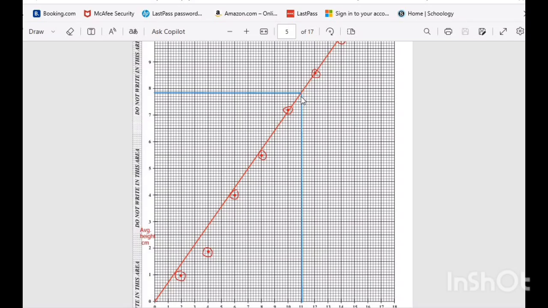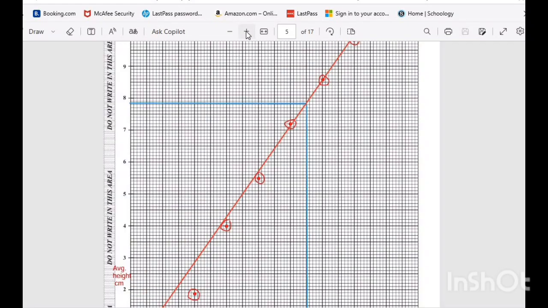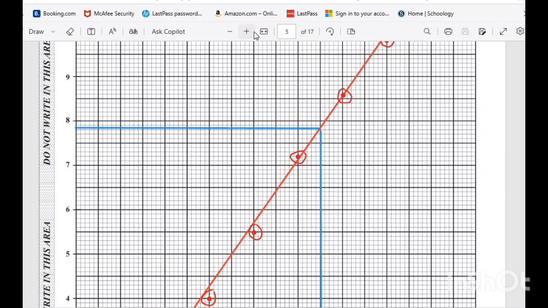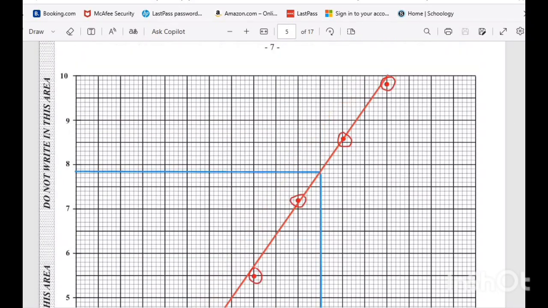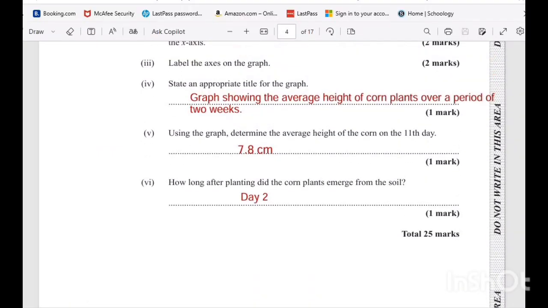The same straight one that you just drew. Wherever it touches it, you're going to bring it across to find the height. And that was about 7.8 centimeters, right? And that is how you would get your information. If they ask you for something that is not in the table, you must do it like that. You go to your graph and you find the information.